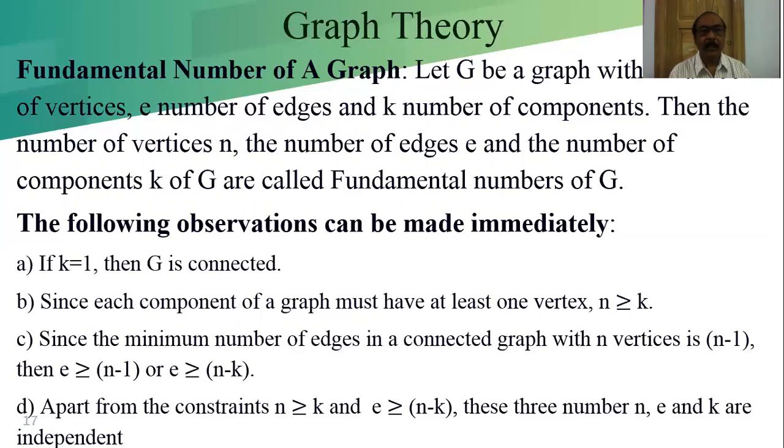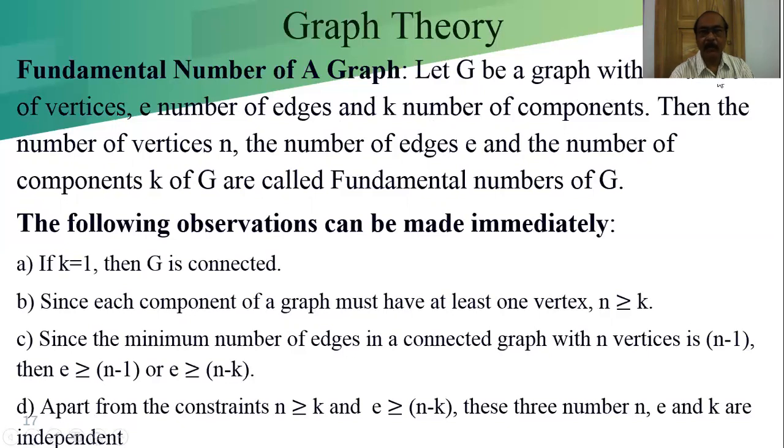Now, in the previous slide, we already learned about the component, which comes from the disconnected graph. The number of components is the new thing to us. So along with the number of vertices and number of edges, the number of components are known as the fundamental numbers of a graph. Now let's see the definition.